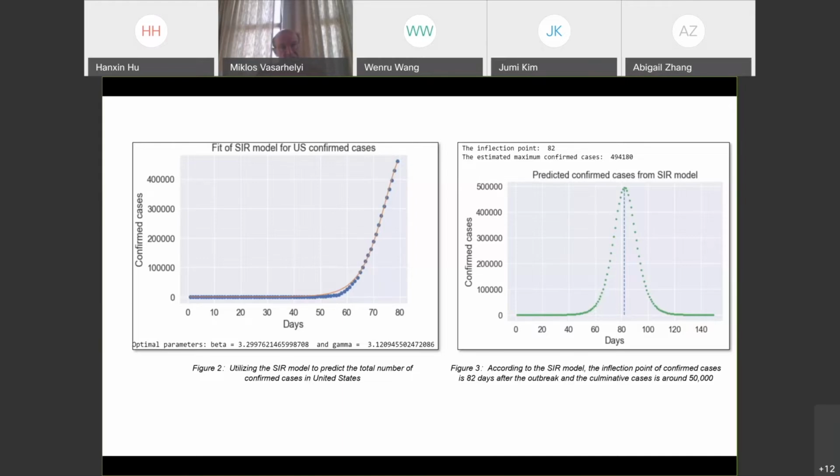So as you can see, by using a series of differential equations and the initialized values for the susceptible people, infected people, and the recovered people, we can do this kind of prediction. This is a very, very simple understanding. Hope that makes sense.